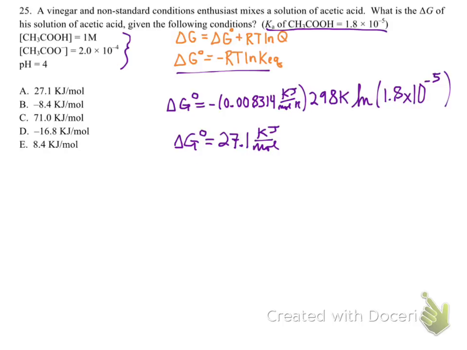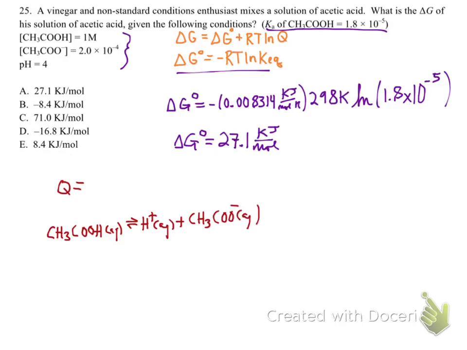First, just to make this a little bit easier for myself, I'm going to take this in a piecemeal approach. I'm going to solve for Q. So Q, remember, is products over reactants. So our acid dissociation is acetic acid, CH3COOH, dissociating into H+ and acetate, CH3COO-.